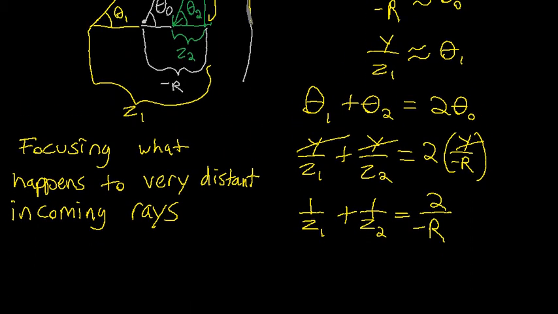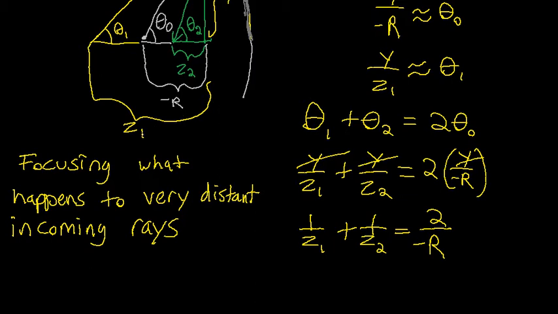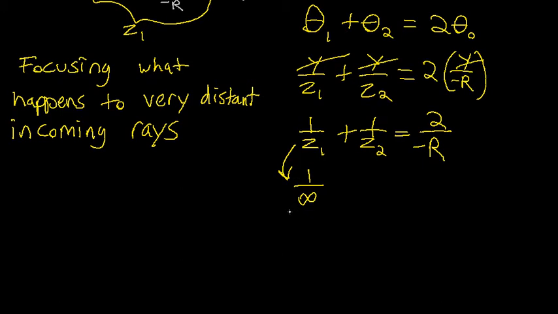We are going to say that the incoming ray was very distant, which means z1 is very close to infinity. So we're going to say that this quantity here, 1 over z1, is pretty much 1 over infinity, which is 0, which leaves us with 1 over z2 equals 2 over minus r, which shows you that when z1 is very, very large, z2 is fixed.